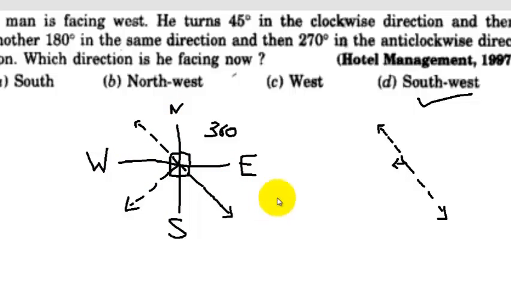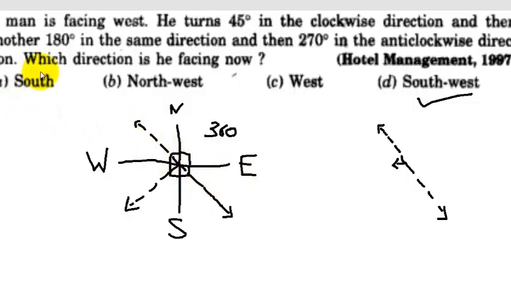Two 180 degrees: 90, 90 makes 180, and 90, 90 makes 180. Similarly, when you halve it, you get 180 and 180. So we can do it the same way. He turned 45 degrees in the clockwise direction, and initially he was here.